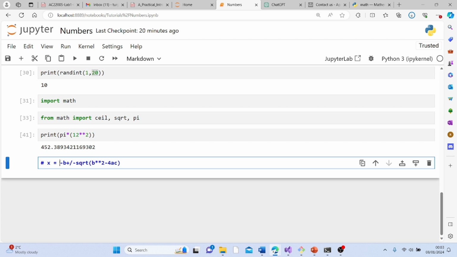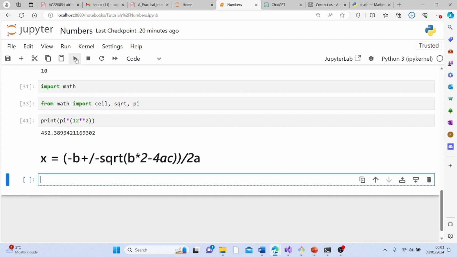And all of this will be divided by 2 multiplied by a. So this is the formula. We will look at it one by one.